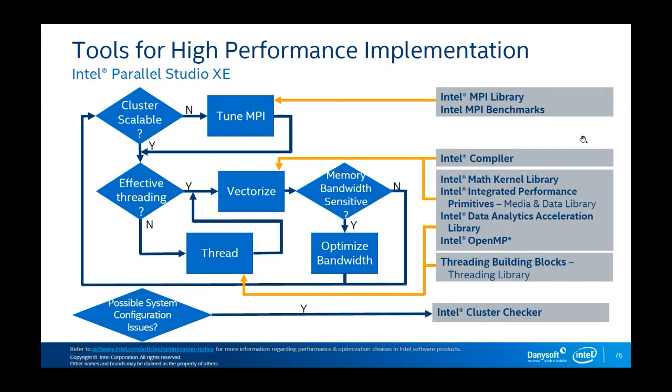Finally, other tools from the Intel Parallel Studio that we can use in this optimization flow are the MPI library and its benchmarks, for trying to tune the MPI library to check if we need larger messages or to reduce the latency.